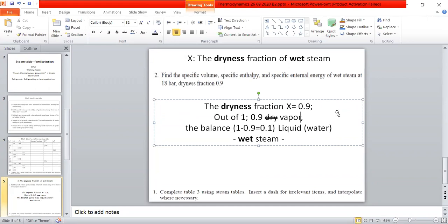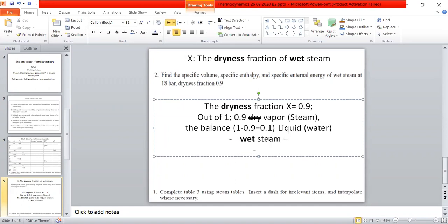Vapor means steam. But surprisingly, when steam is not fully dried, we call this wet steam. This is the wording how it is.